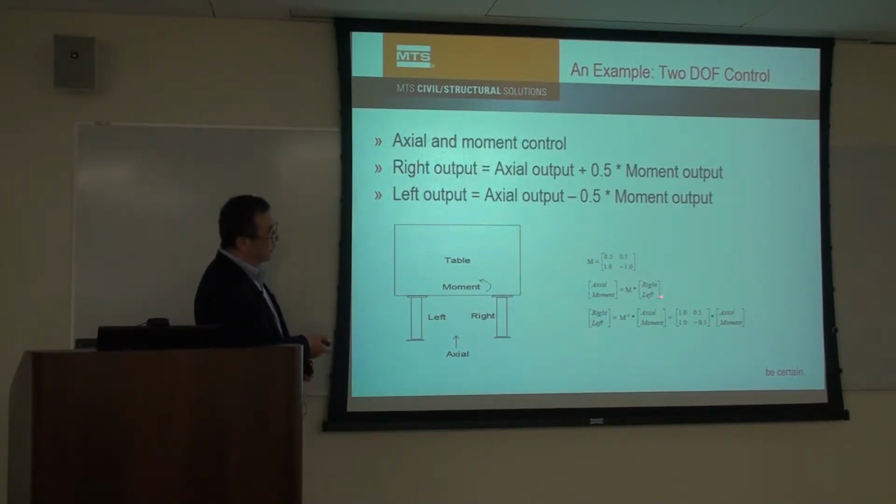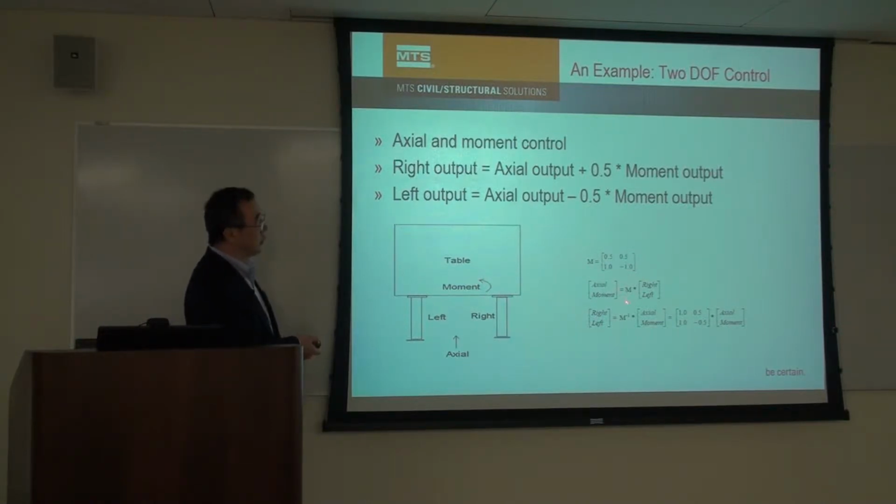Same thing, you invert this matrix to get left and right from X0 and the moment or angle. That calculation can all be done using the calculation channel. So this is a simple degree of freedom control, and through the calculation channel you can realize it.